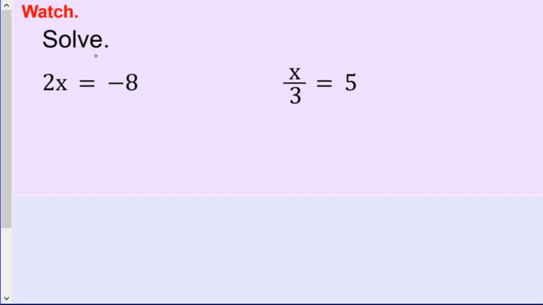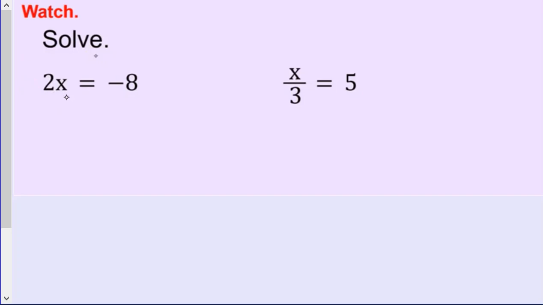Alright, so go ahead and just watch me as I work through solving these equations. The first one, we're trying to solve for that unknown variable x, and we have 2 times x equals negative 8. In order for us to isolate the variable, we are going to do the opposite, so we are going to divide both sides by 2.